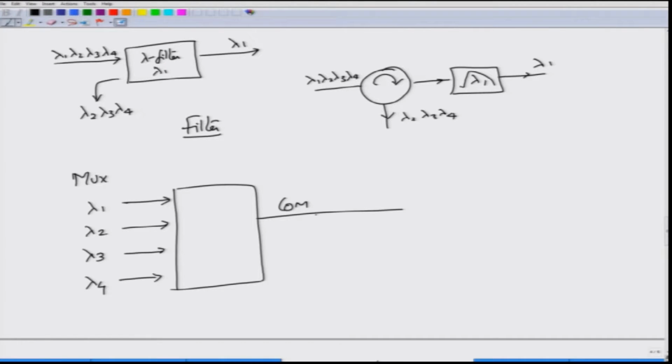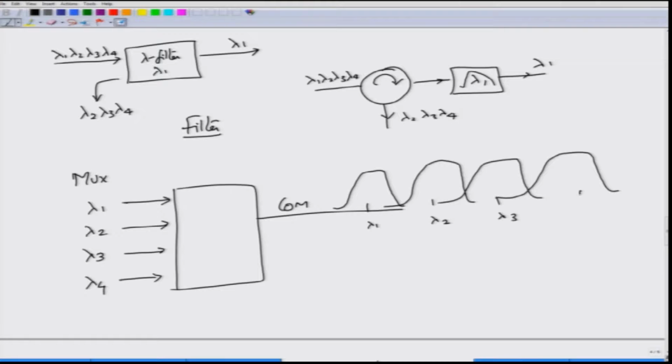Please excuse my figure problems, but this is lambda 1, lambda 2, lambda 3 and lambda 4. So, it combines signals from lambda 1 to lambda 4 and then passes all of these signals onto the common port. So, this is the multiplexing operation.